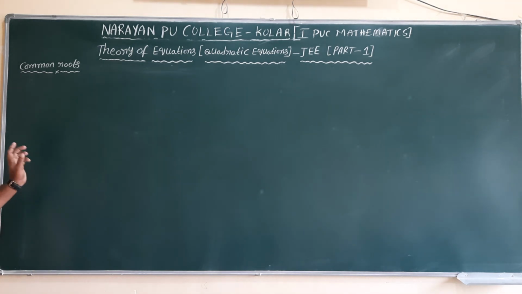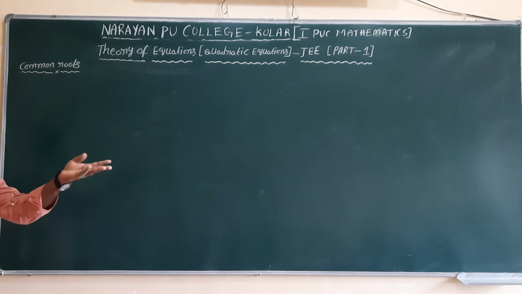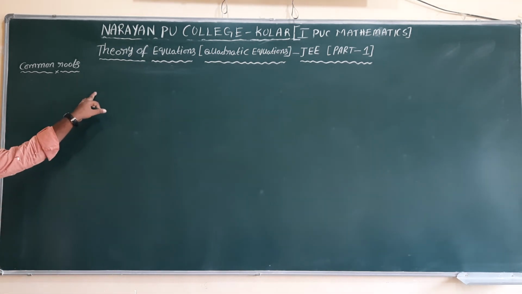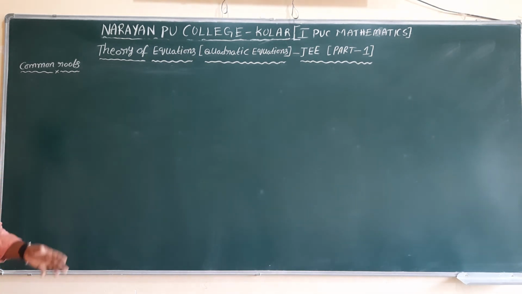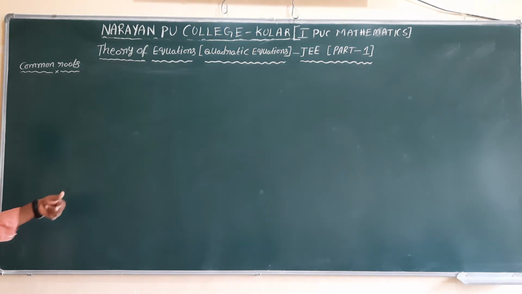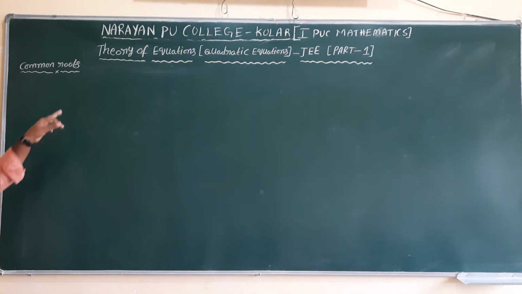In that, two cases will be there: both roots are common or any one of the roots is common. Suppose the first quadratic equation has roots alpha and beta, and the second quadratic equation has alpha and gamma. So which is common in that? Alpha is common for both quadratic equations. Like that, the nature of the common roots has two types. One is the condition for one root being common.